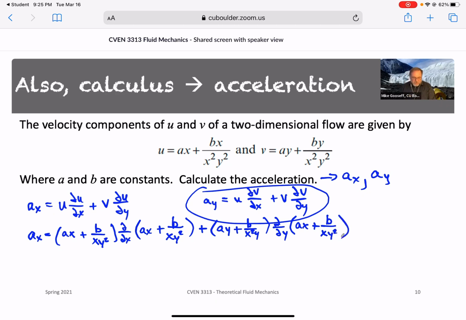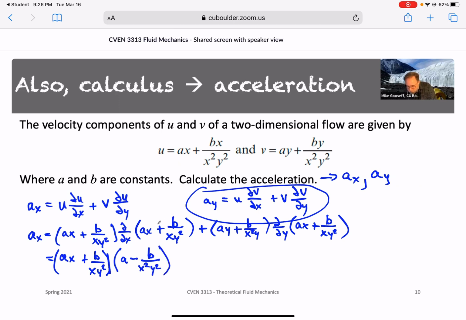Okay. Now we can simplify this. Let's take the derivatives there. So we have the partial with respect to x of the second term and the partial with respect to y of that last term on the end. So when we do that, we end up with ax, oh, that's supposed to be an ax, a times x plus b over xy squared, right? That didn't change. That's supposed to be a parenthesis. And then we multiply now by a minus b over x squared y squared, right?